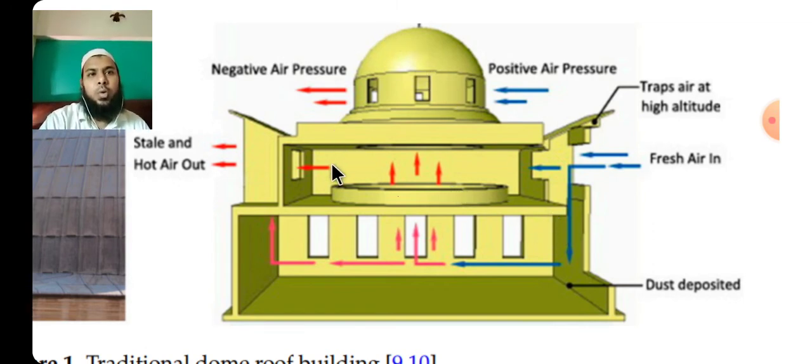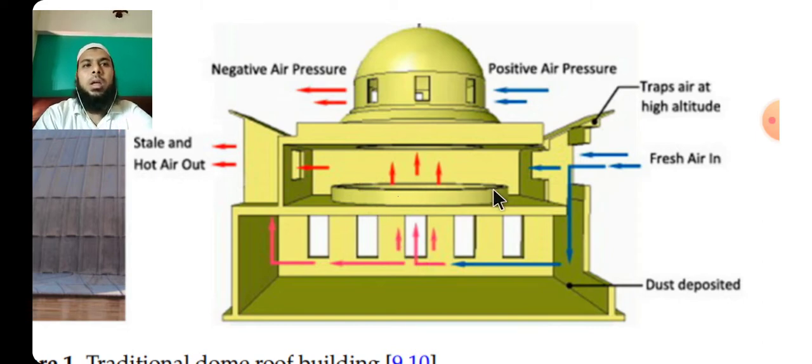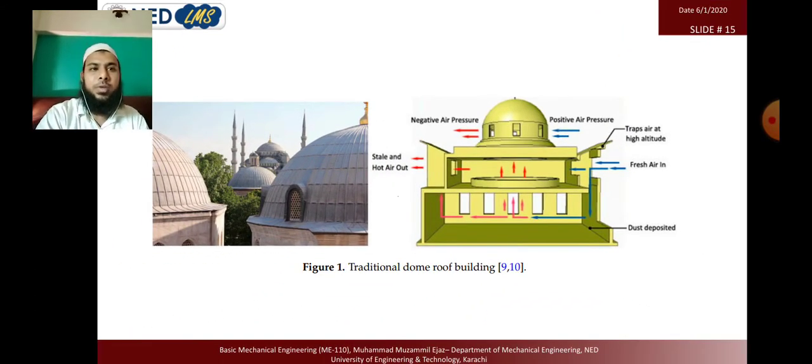A tall dome structure produces natural currents of flow without any external fans. So we feel a cooling effect, blowing of air from outside, and the heat is taken away from the building without the expense of fans.